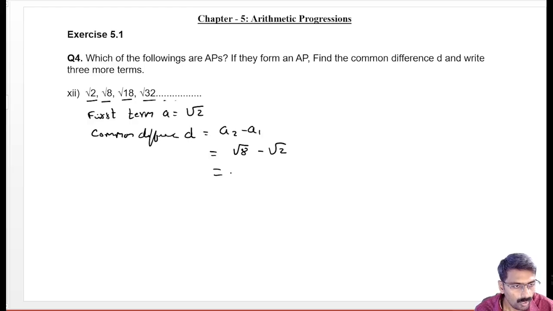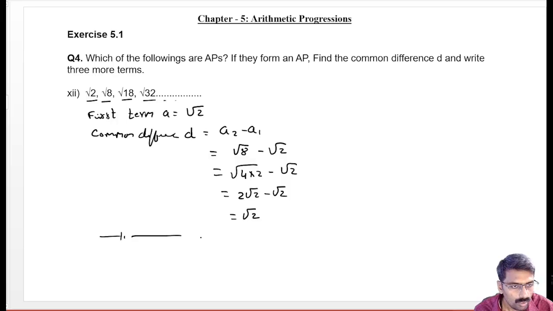Here root of 8 can be written as root of 4 times 2. When we take 4 outside the root, it would be 2 root 2 minus root 2. 2 root 2 minus root 2 would be root 2. So this is our common difference.